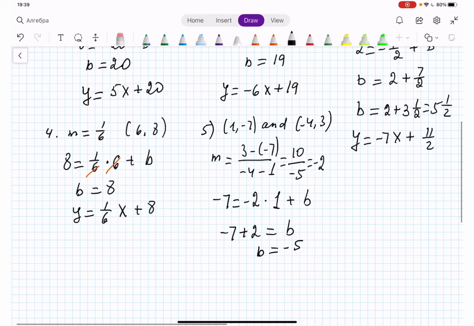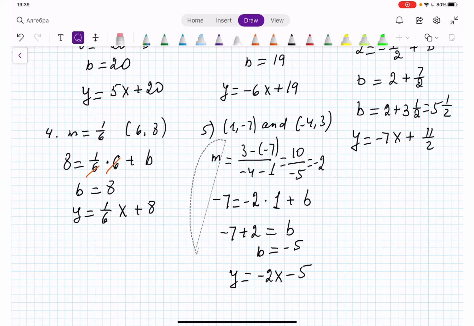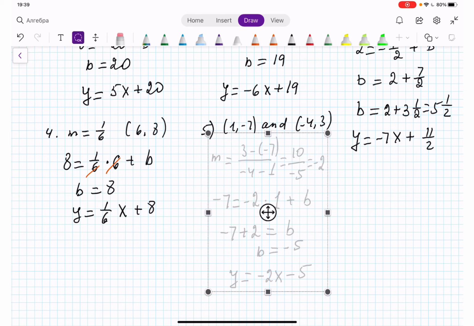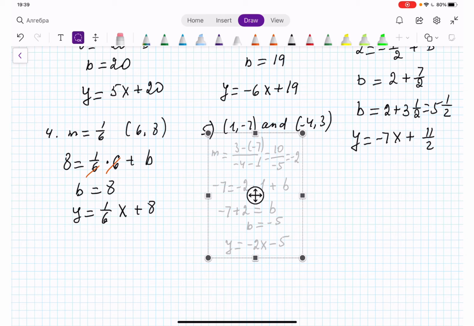So from here, y is equal to negative 2x minus 5. Okay, so everything is revolving around slope and intercept. Once we find a way to calculate intercept and slope, we can plug into the equation.